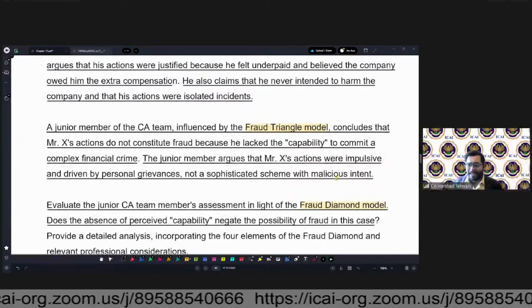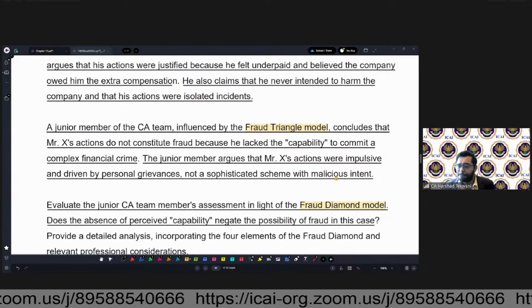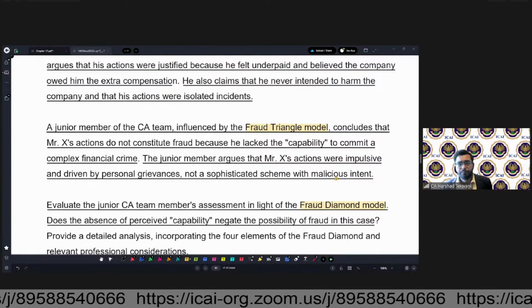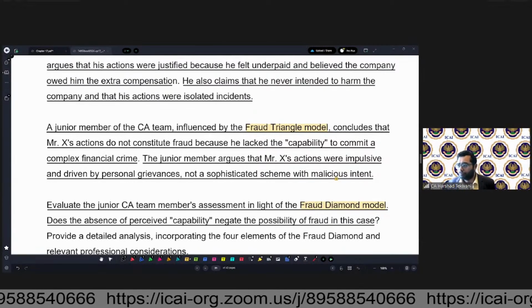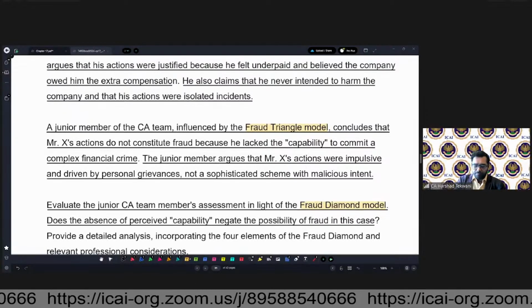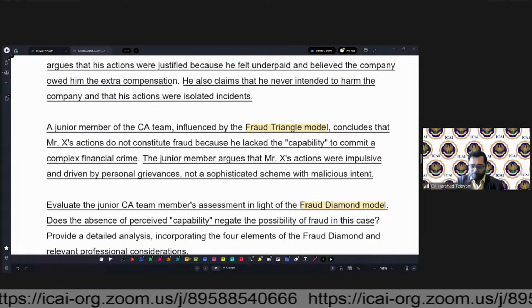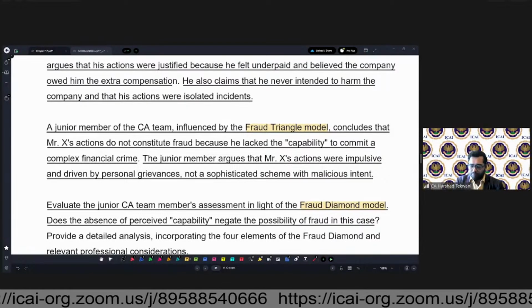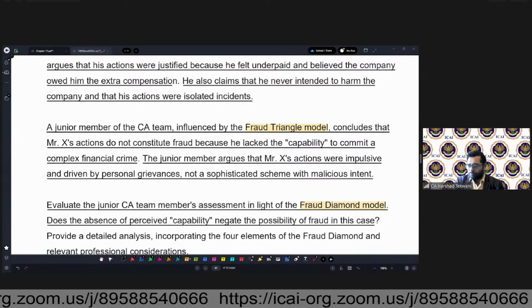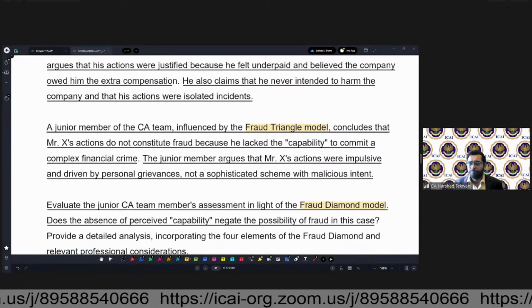Can anyone tell me what these two models, triangle and diamond, are?